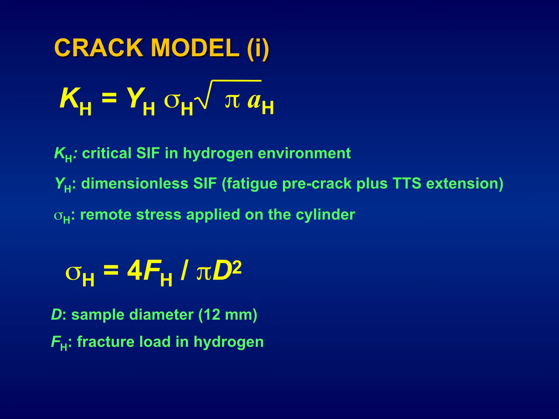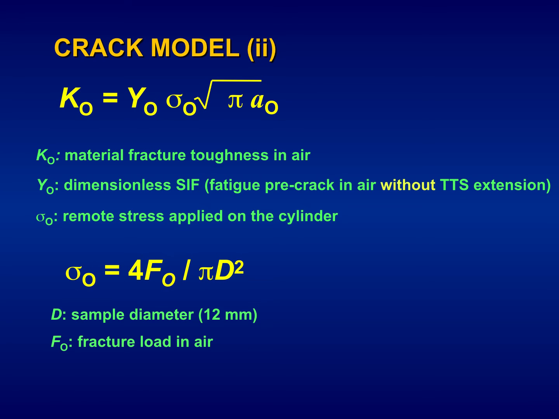We have sigma H equal to 4 times the load FH at the critical situation divided by pi D squared, the cross-sectional area of the cylinder. D is the sample diameter, 12 millimeters, FH the fracture load in hydrogen. As a reference value, we have K0 equal to Y0 times sigma 0 times the square root of pi A0.